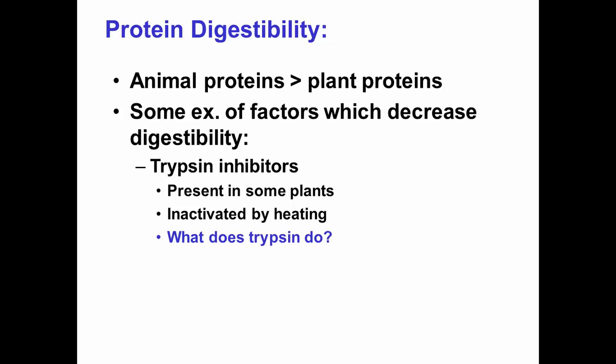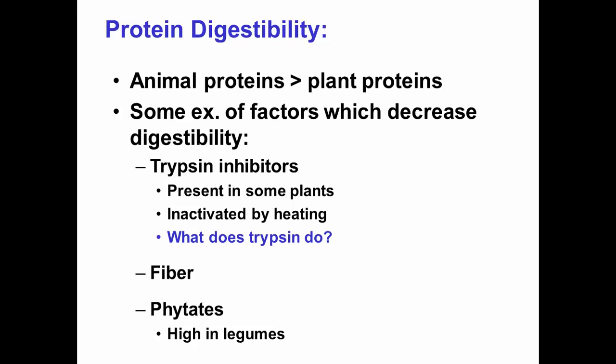And then fiber, you remember what trypsin does, right? We just talked about that, so I'm going to have you remember that later. And then fiber and phytates. Phytates are high in legumes and can bind to proteins, or they can interfere with enzyme accessibility, getting into that primary structure.